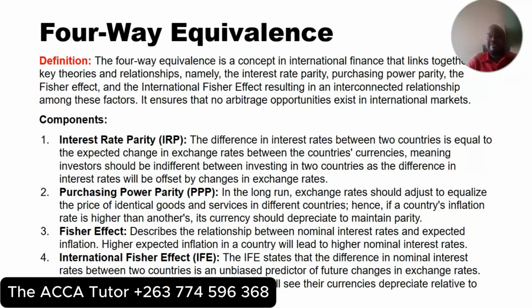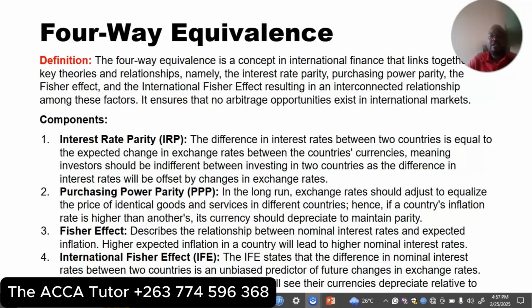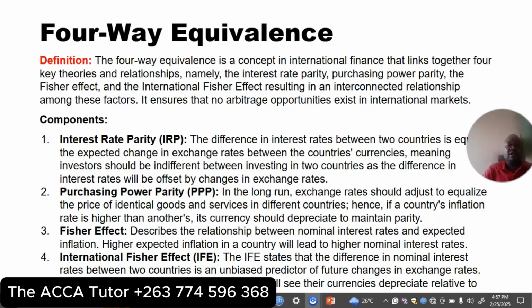The four-way equivalence is a concept in international finance that links together four key theories and relationships, namely the interest rate parity, purchasing power parity, the Fisher effect, and the international Fisher effect, resulting in an interconnected relationship among these factors.